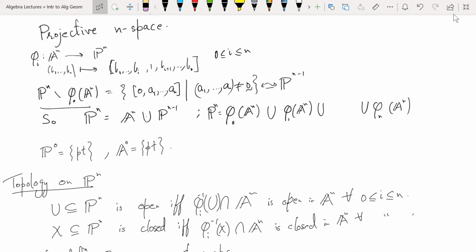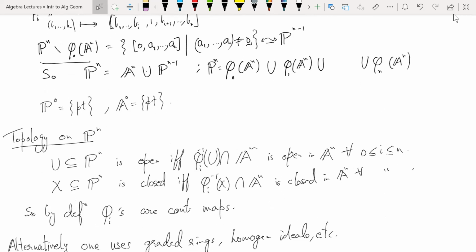On A^n we already have a Zariski topology. So we can induce a topology on P^n by saying that a subset U in P^n is open if and only if phi_i inverse of U intersected with A^n is open in A^n for all i.